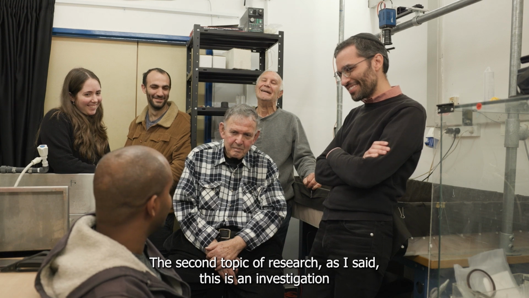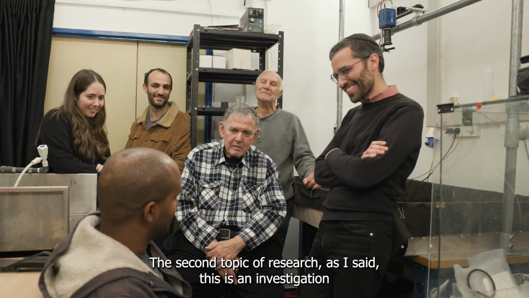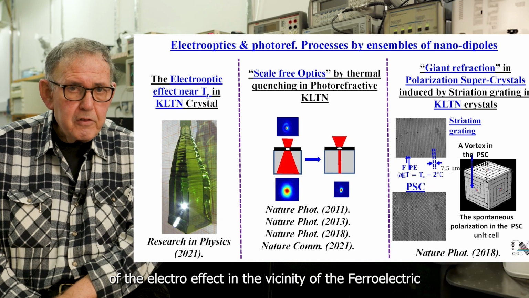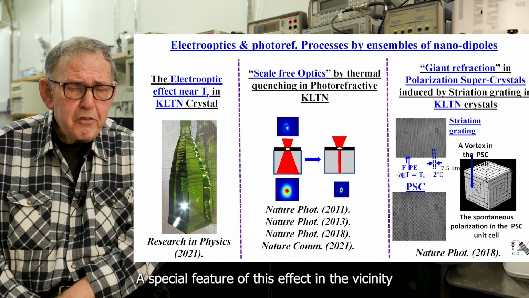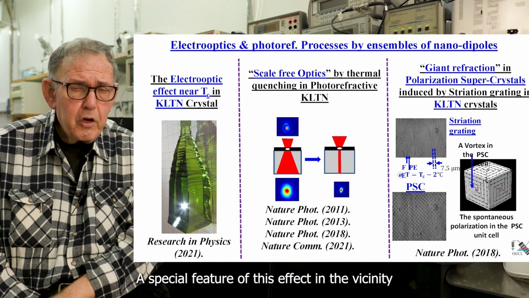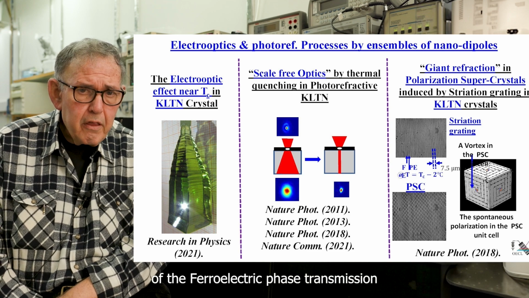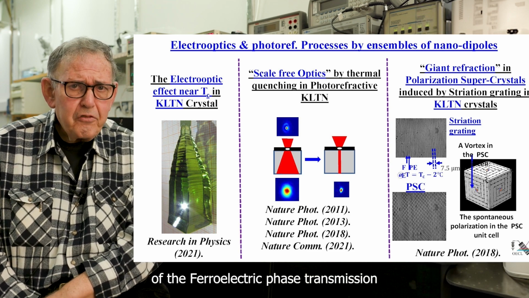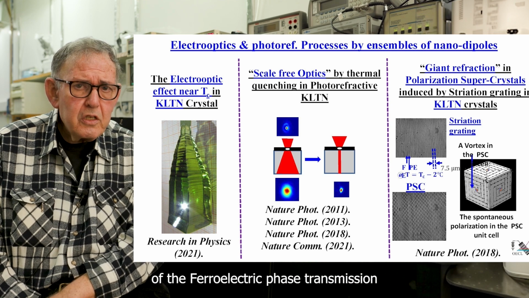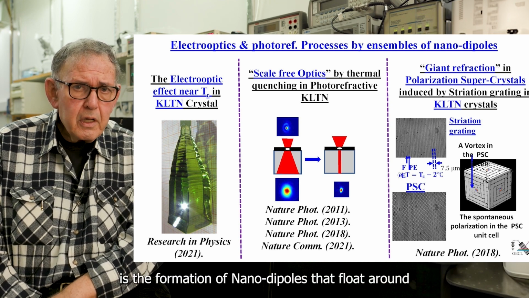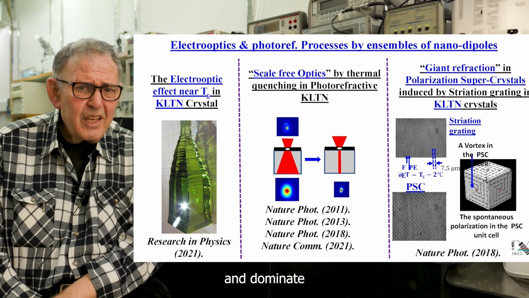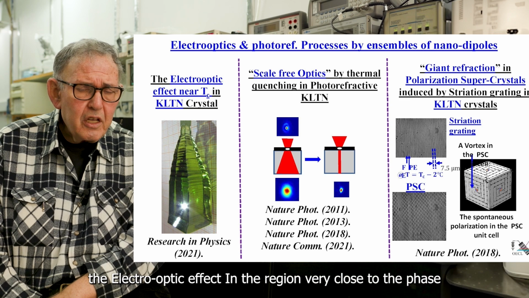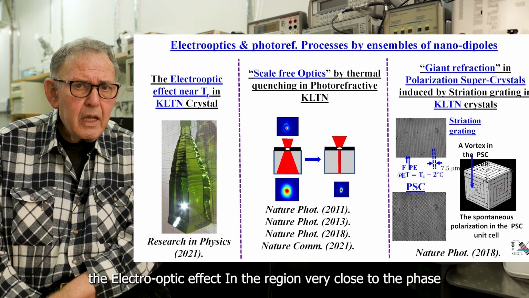The second topic of research, as I said, is an investigation of the electro-optic effect in the vicinity of the ferroelectric phase transition. A special feature of this effect is that in the ferroelectric crystal close to the phase transition, there are ensembles of nanodipoles that float around in the paraelectric matrix of the crystal, and they actually dominate the electro-optic effect.